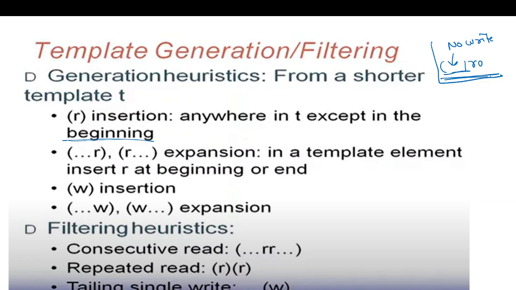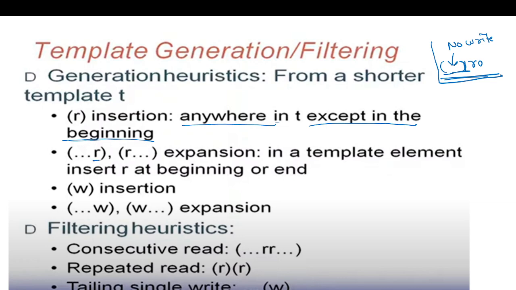This will not have any meaning. Since I have not written anything, we don't know the content of the memory cell. But at the beginning, we would be starting with a reading operation. That's why inserting R anywhere is fine, but not at the beginning.